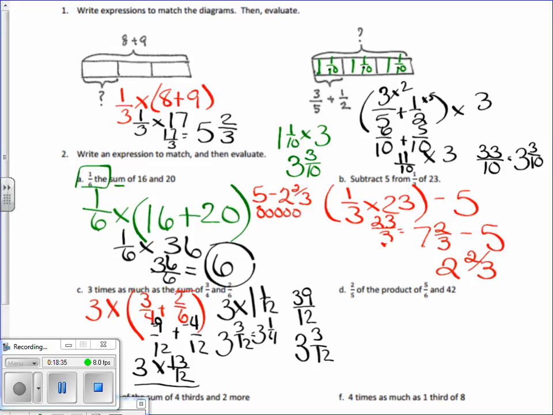I was doing this one. So 3 and 1/4. How did you get the 1? 3 goes into 3 one time, 3 goes into 12 4 times. I simplified my fraction.